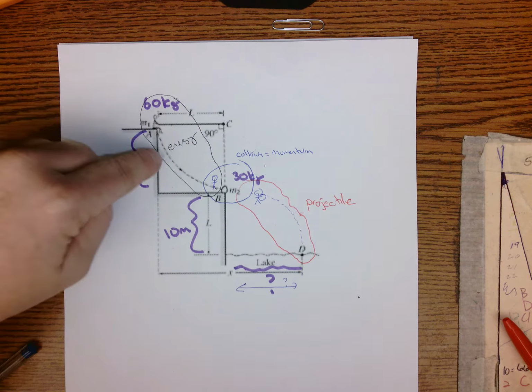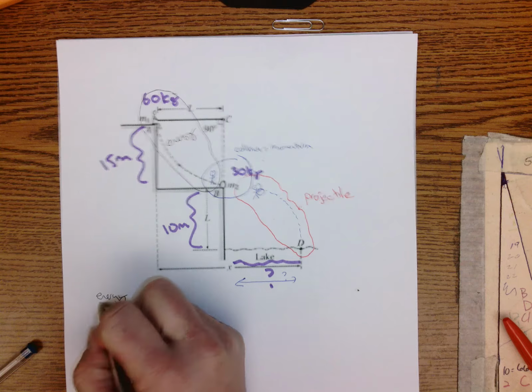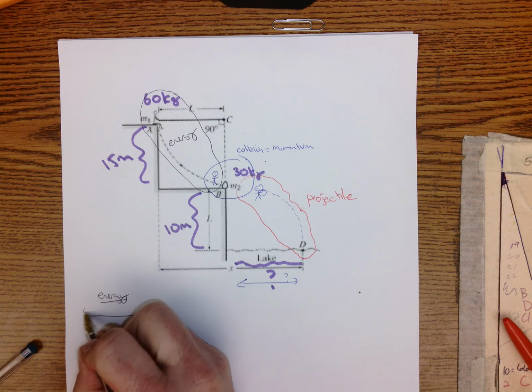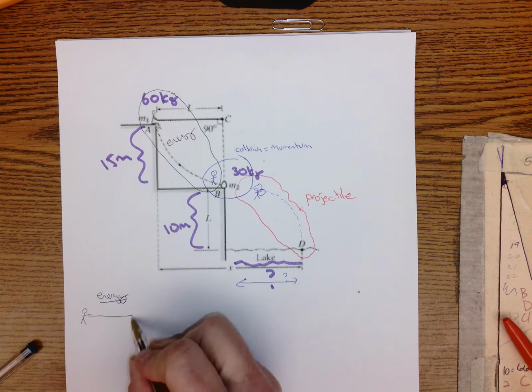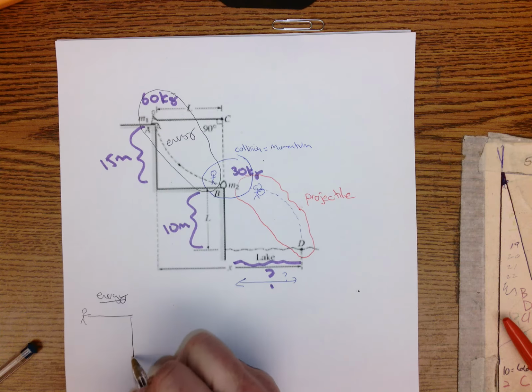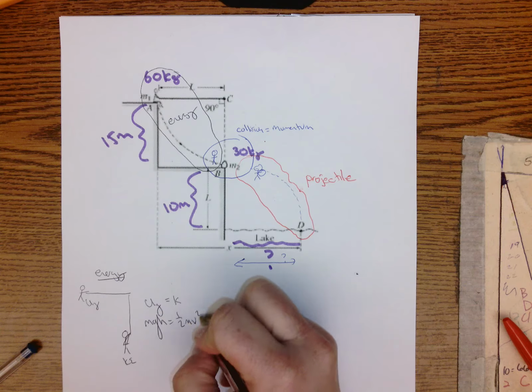So we look over here at the energy problem. And if we just look at that, you got a dude here, and he's going to be down here just before the collision. Apparently has 3 arms. He's got potential energy of gravity there. He's going to have kinetic energy here. So the potential energy of gravity is going to become the kinetic energy at the bottom. So mgh has to equal 1/2 mv squared.